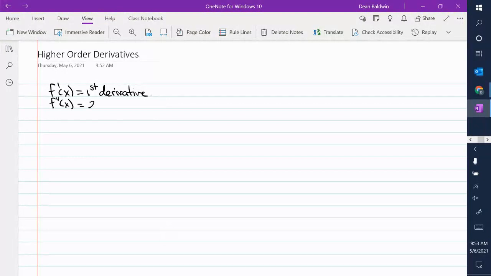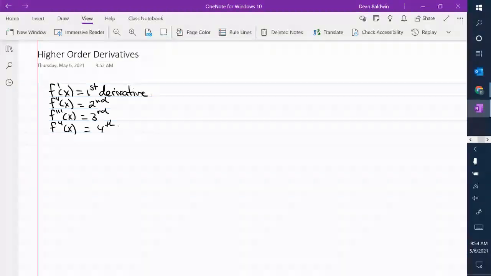And then you just keep going down the line here. F triple prime would be the third. Once you go past the triple prime, they would just write the number. So F4 is the fourth, and you can just keep going to infinity, basically.